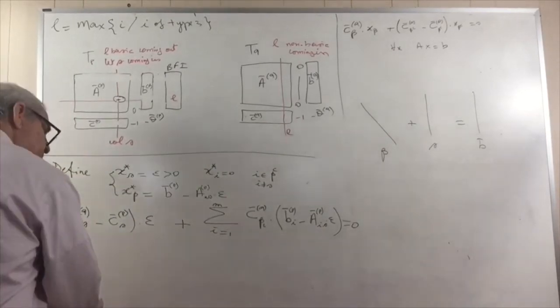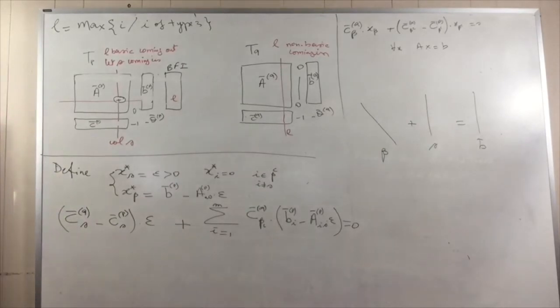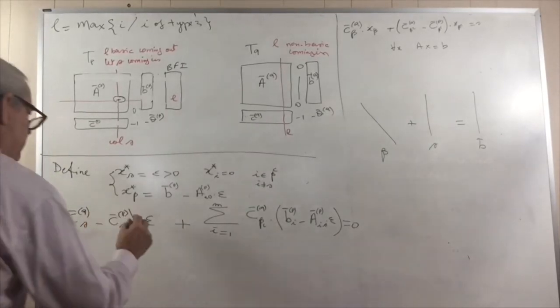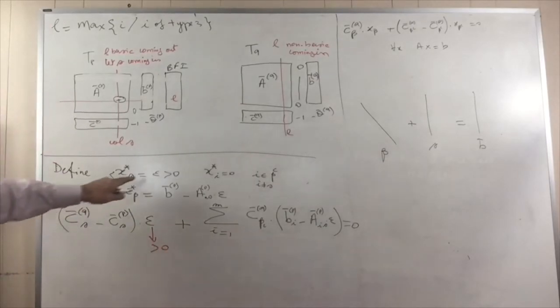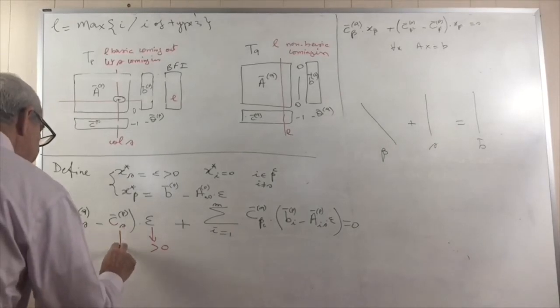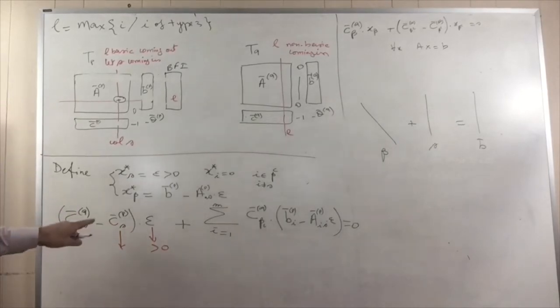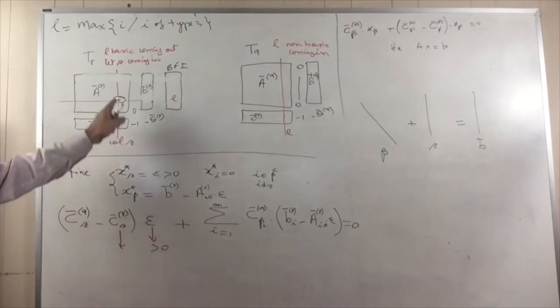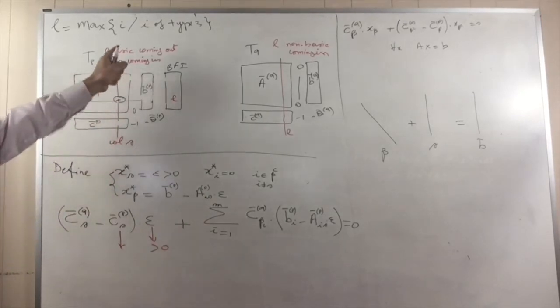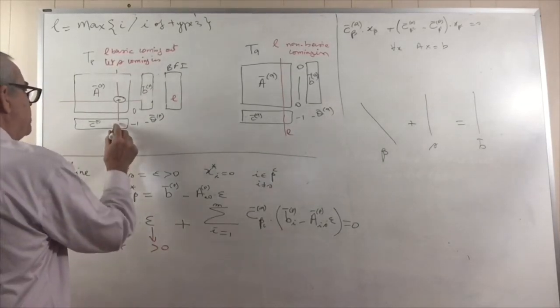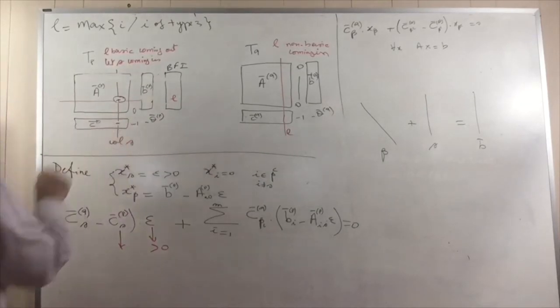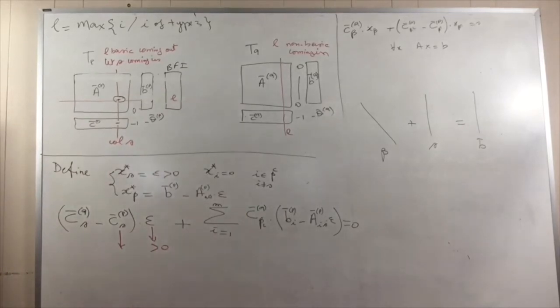Now let's look at this term. This term is positive by choice; we chose epsilon positive. Now this term here is the coefficient in Tableau TP, the coefficient for the S column. But remember, S is coming in, so this has to be negative. We only pivot on a column for which the C bar is negative. So that term is negative.